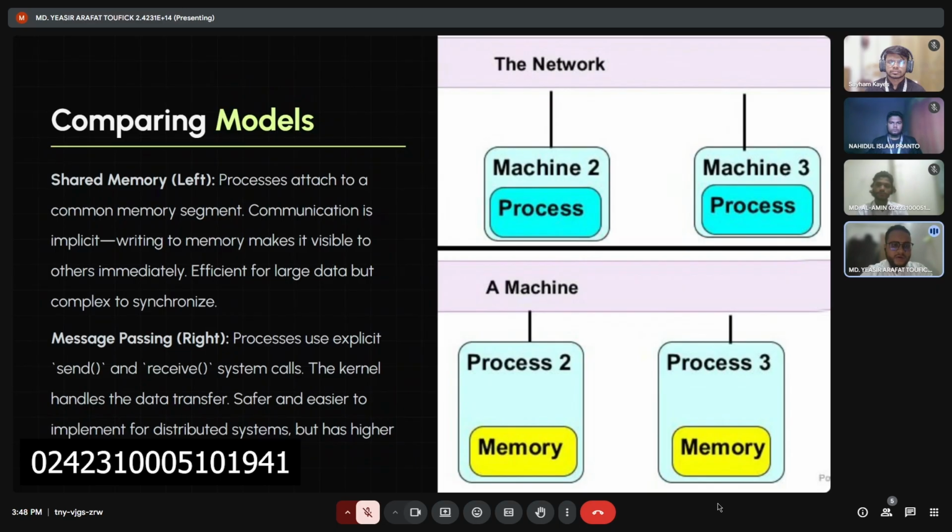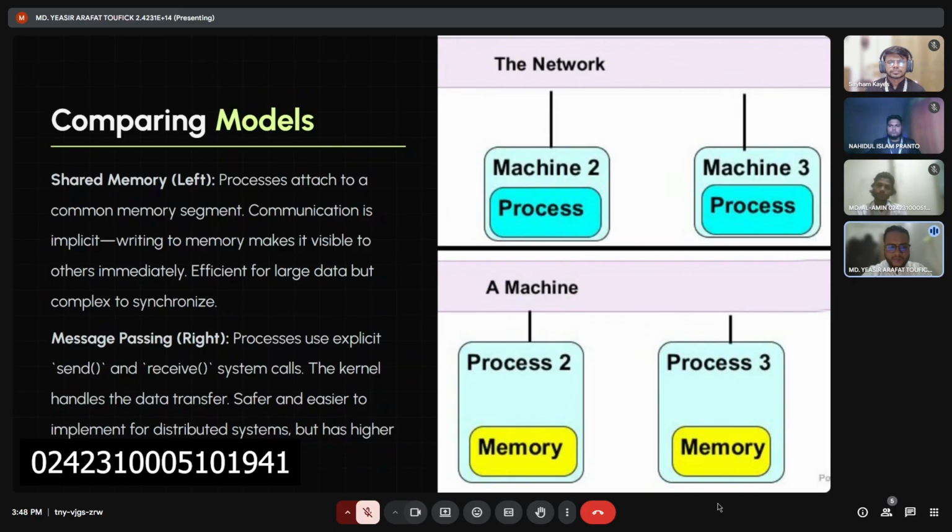Comparing the models. Here is the visual comparison of the two models on the right side of my slide. Shared memory, on the left, establishes a region of memory that both process A and process B can access directly. This is efficient for large amounts of data.